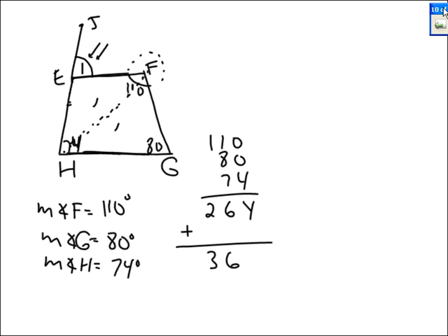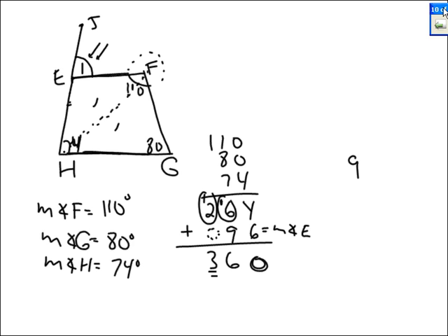I want to get 360. Well, 4 plus 6 gives me 0, carry the 1. That's 7. To get 6 or 16, I have to add 9. That gives me 16. And that adds up to 3. To get 3, I don't need anything here. That is, I now know the measure of angle E.